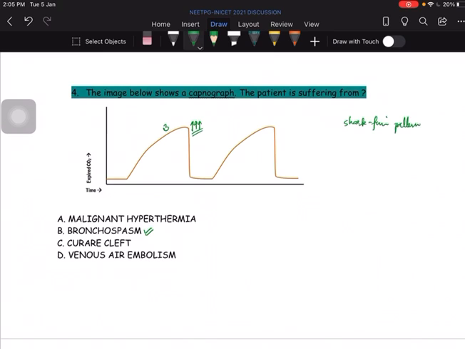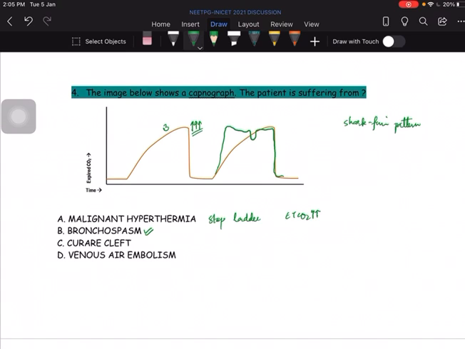The rest: in malignant hyperthermia you will have a stepladder pattern, where you will have a sudden ETCO2 rise. And curare clefts, you will see curare clefts as in, so this is there, and this will be the curare cleft. Such a picture will be seen when the patient is recovering from the muscle relaxant.